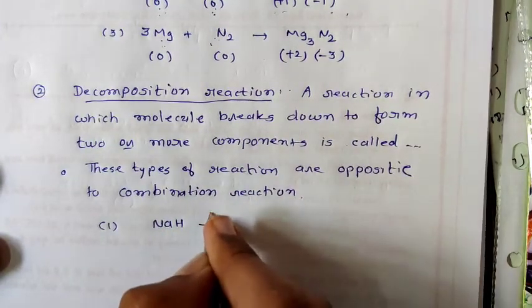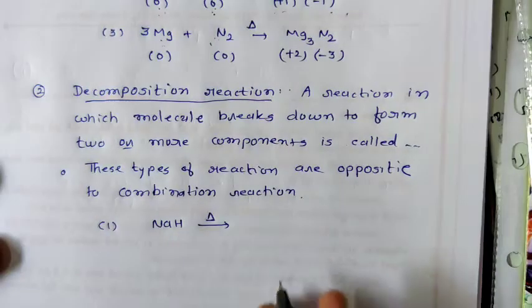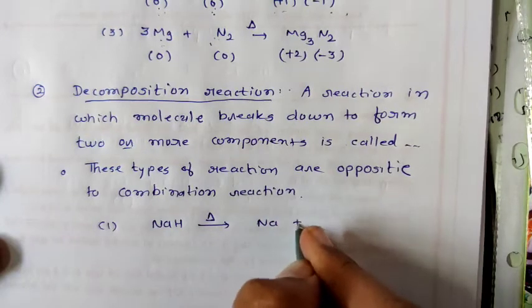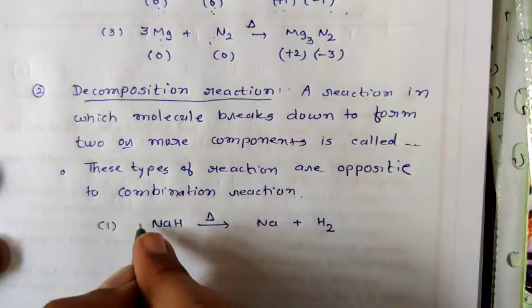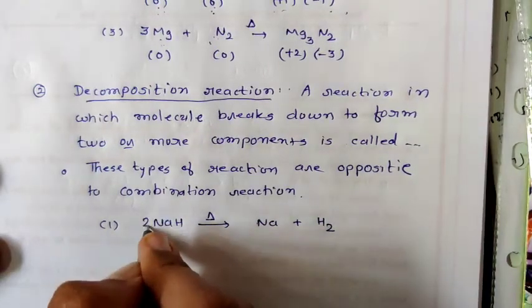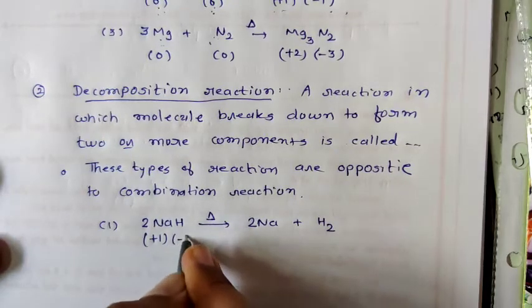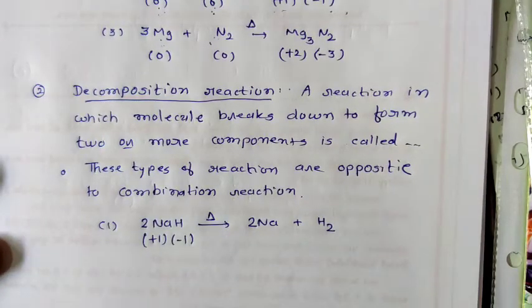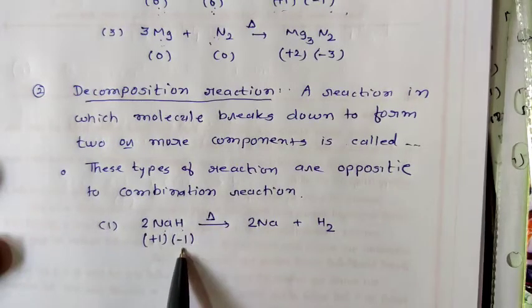NaH, after heating, gives us sodium plus hydrogen. Just see here, 2 hydrogen, 2 Na. Sodium has plus 1 charge, hydrogen minus 1 charge. We know that when hydrogen attaches with a metal, at that time hydrogen becomes minus 1.